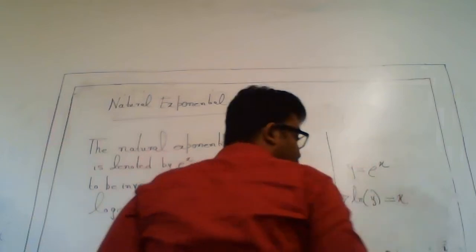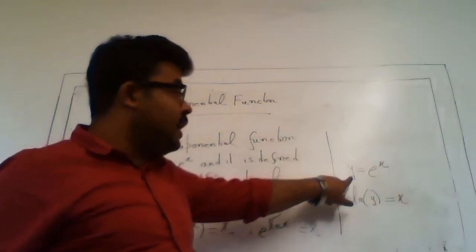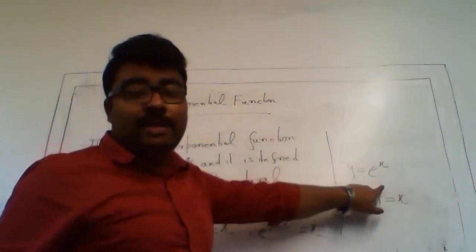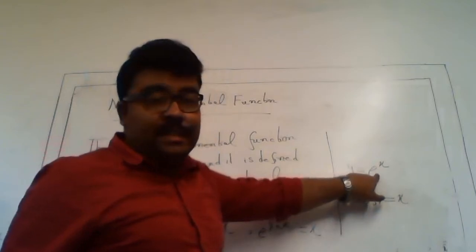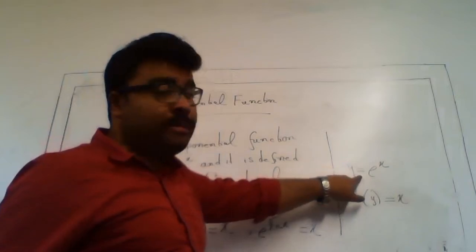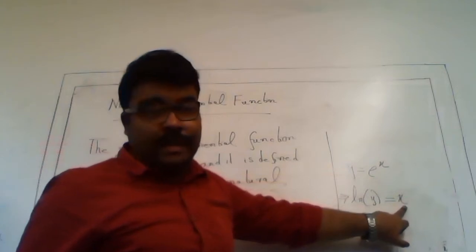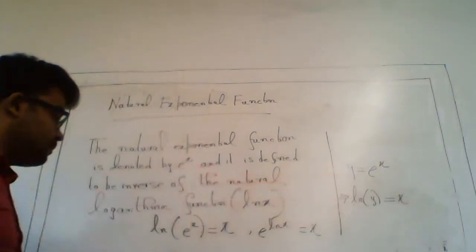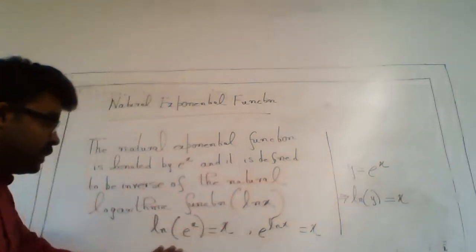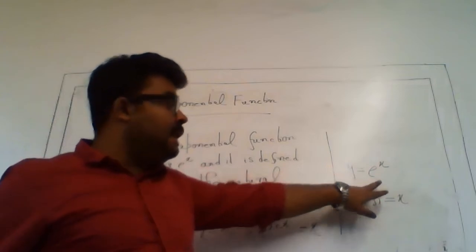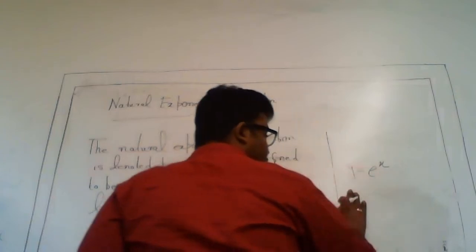So this also follows from the fact that e to the power x is the inverse of ln x. If I have a statement like this, y equal to e to the power x, I can take this e on the other side of the equal sign, and it becomes ln y. So in the next step, ln y equal to x, right? You can prove this using these two properties only.